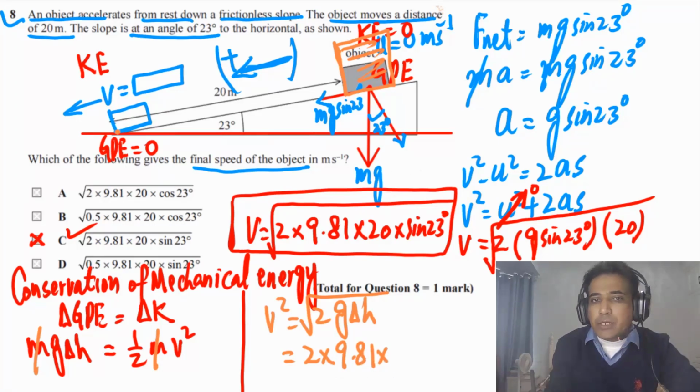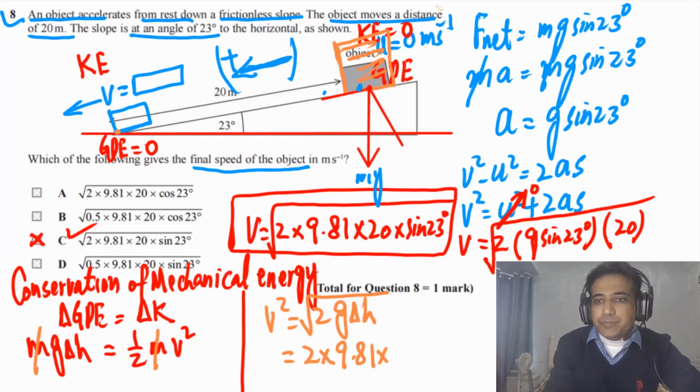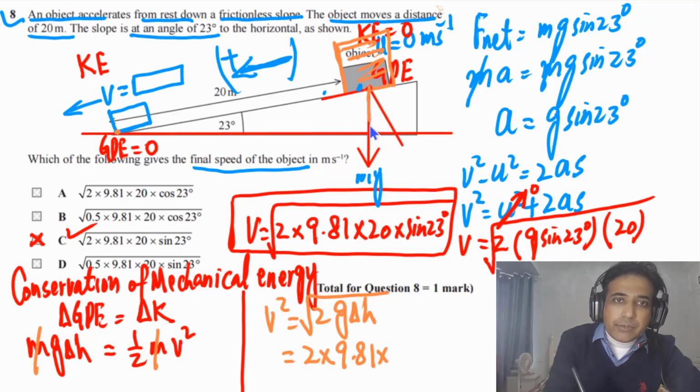So how can we find the height? Meaning this height, how can we find it? We have 20, we have the angle, so this has to be 20 sine of the angle, sine of 23 degrees.